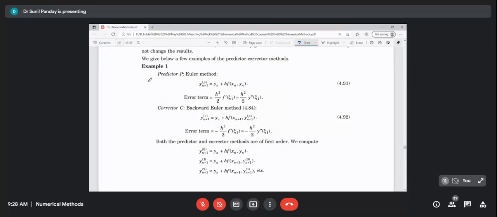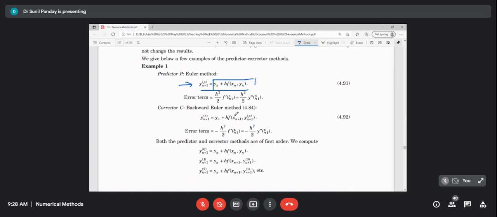In this method, the Euler method is used to obtain the value of y at the point xn plus 1. So this value we say is a predicted value.